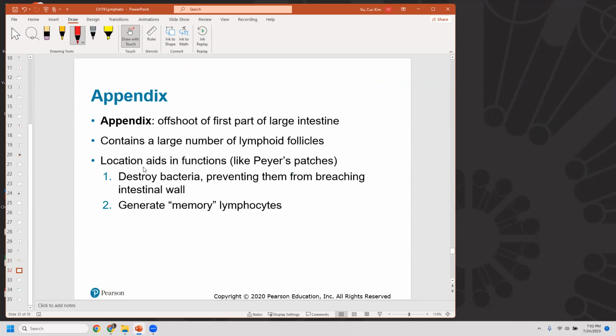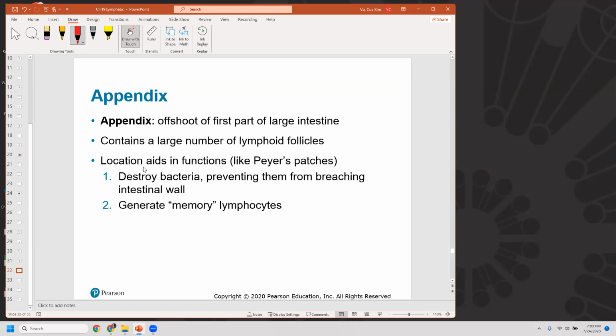The last one is the appendix. Once you have the small intestine, before it becomes the large intestine, there's an area called the cecum. The cecum, which is the last part of the small intestine, has this little worm-looking structure hanging off of it. That's called the appendix.